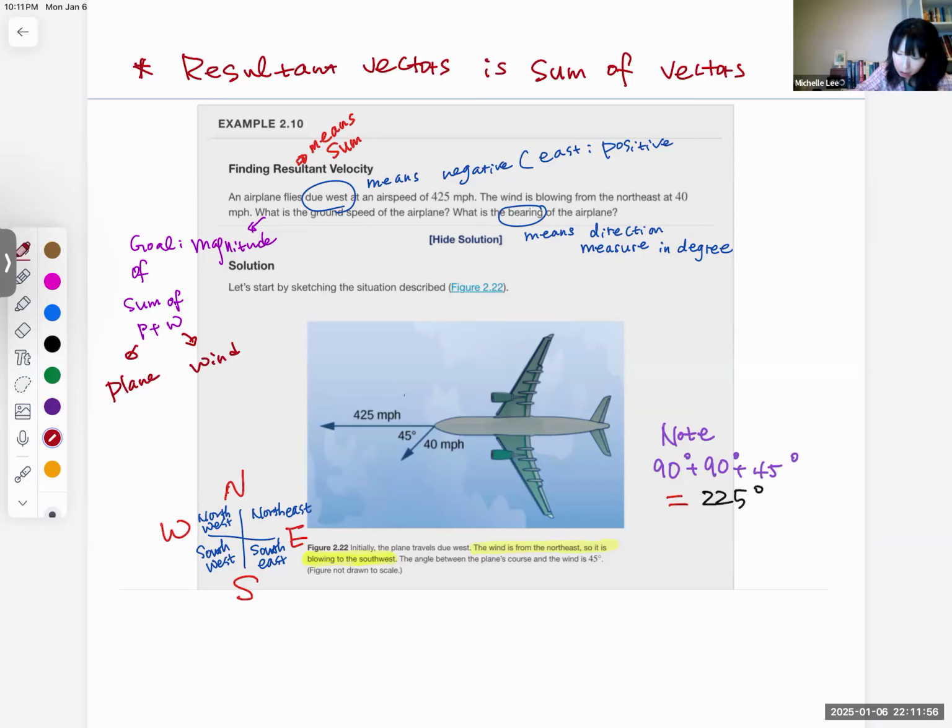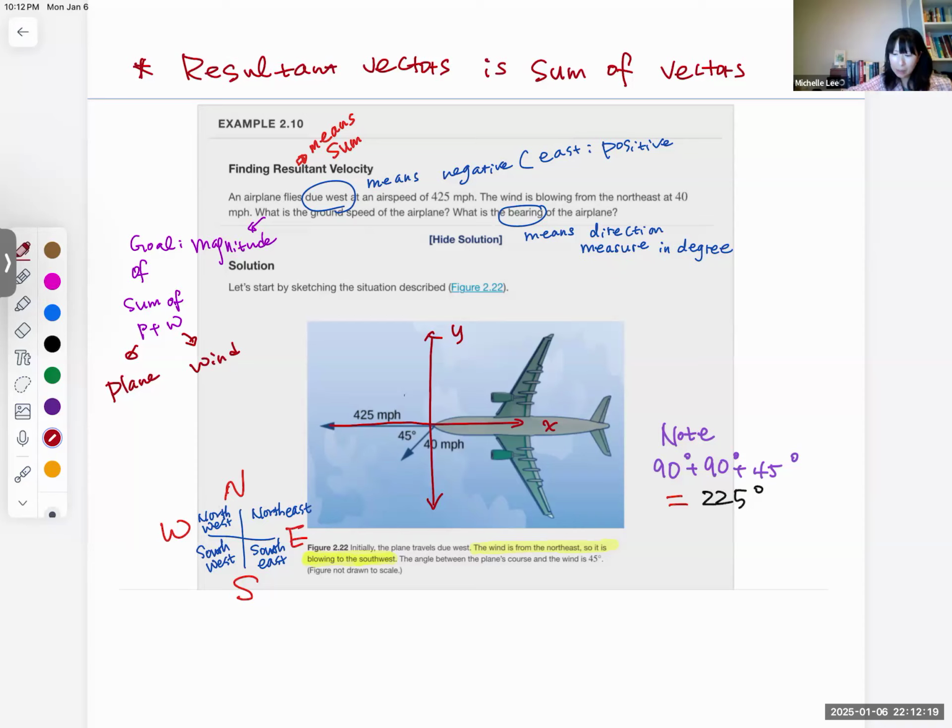So from here, this is the x-axis. That's why I made it negative. This is the y-axis, right? So negative 425.